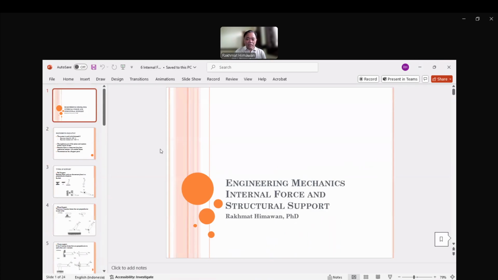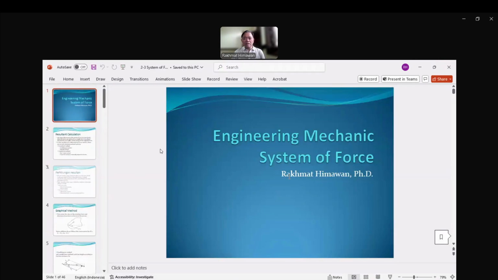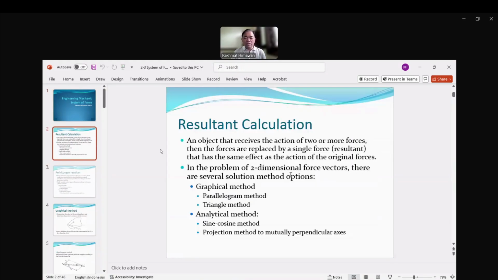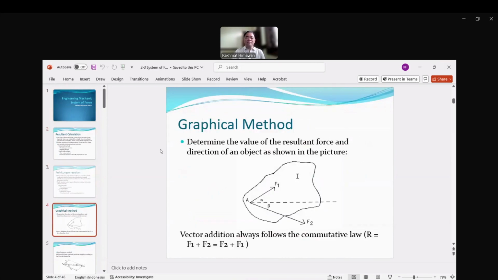Okay, now the second one is this one. So system of force, we learn about the resultant, which we can solve either graphically or analytically. And then the methods we also learn, hang on, this is in Indonesian, is it? Yes, this one, okay.